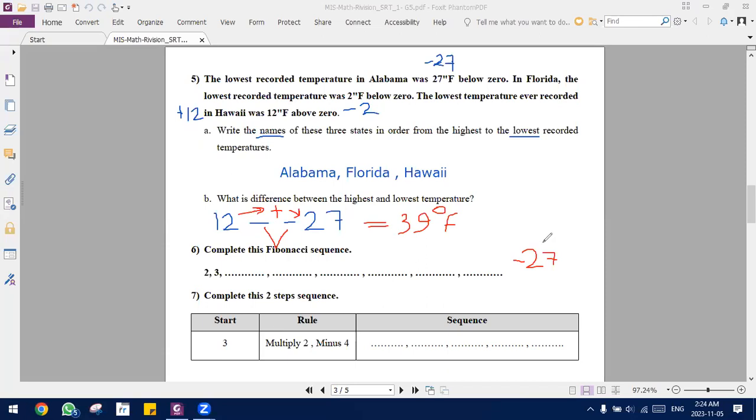So you're going up 27 floors to reach the 0. And then you continue with the elevator. You go 12 floors up. So you reach number 12. So how many floors did we go up? It's 27 plus 12, which is 39. So we can either solve it mentally, or we can use the formula, the highest value minus the lowest value.